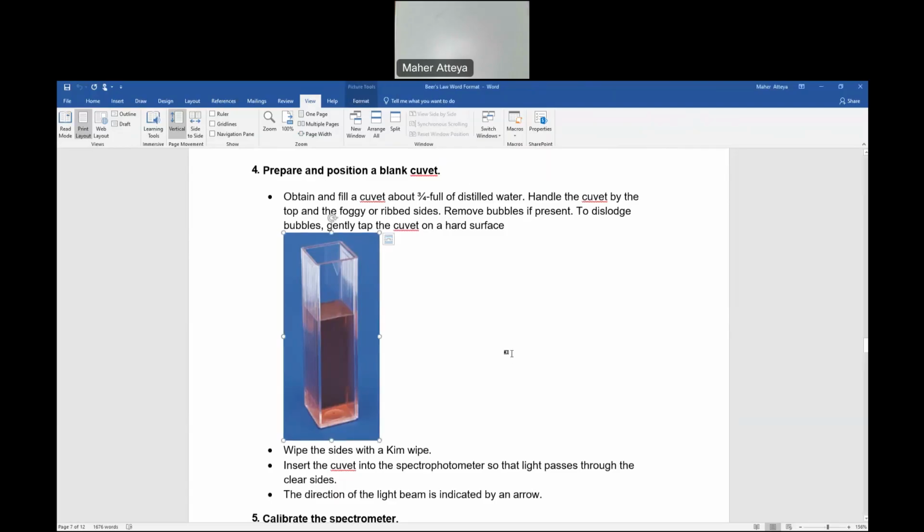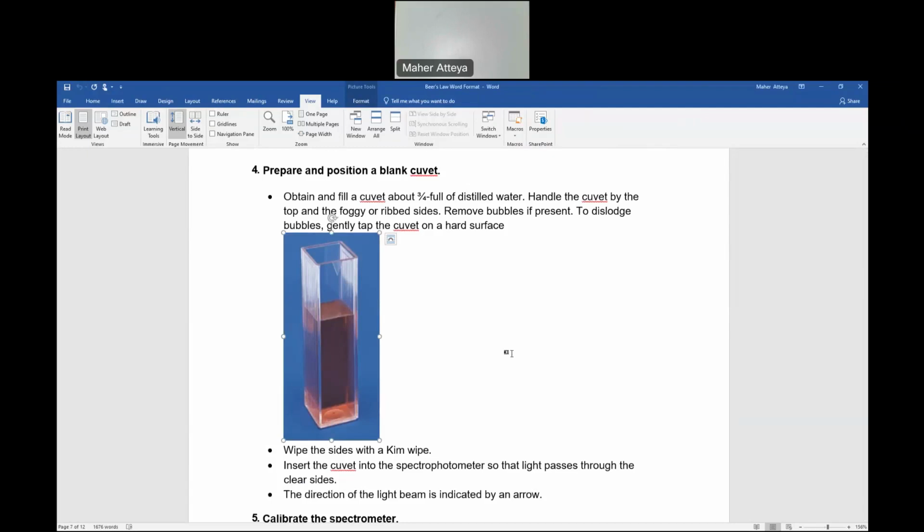See the size here? I showed you the size. So always try to, here in the top, don't touch anything here. And the one is very nice. Put it in, the light will go through like this. The light will go through, and because the solution has a color, it will absorb part of the light.